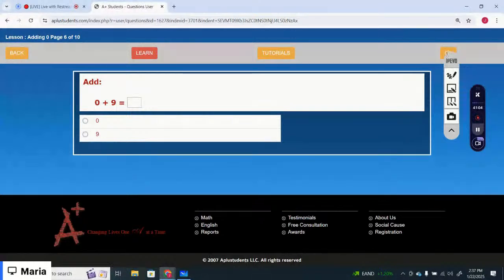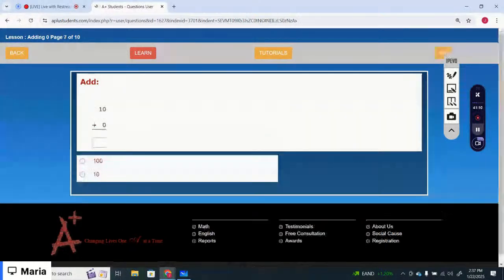0 plus 9 makes 9. The correct option is 9. 10 plus 0 makes 10.